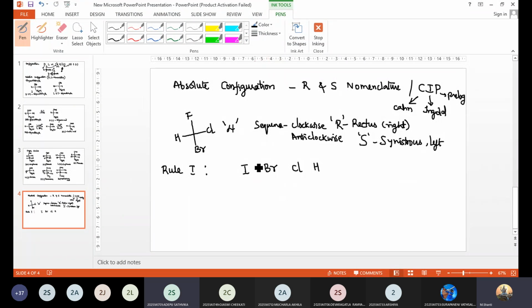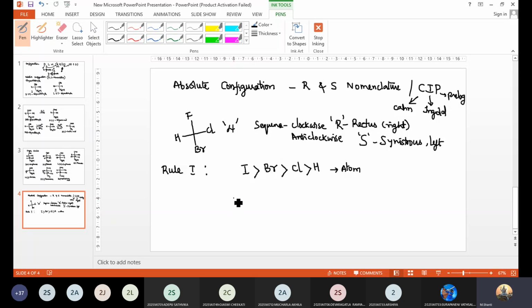Iodine. So iodine gets the first priority. Among bromine and chlorine, bromine gets the next higher priority, and chlorine definitely gets higher priority over hydrogen. So with rule 1, you assign the numbering for the groups attached based on atomic numbers.